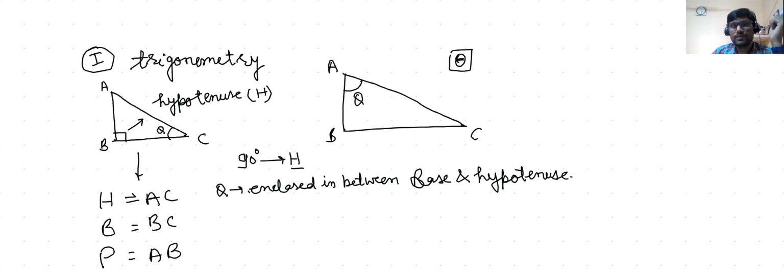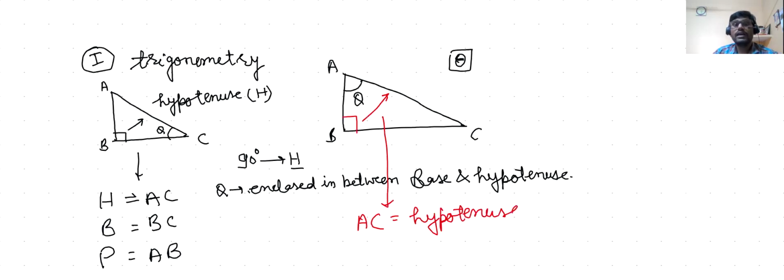The same thing you can understand in the second triangle. Always in front of 90 degree, and the longest side of a right angle triangle, is the hypotenuse. So here AC is the hypotenuse. But here angle theta is enclosed between AC and AB. AB looks like the perpendicular, but it is not actually the perpendicular.